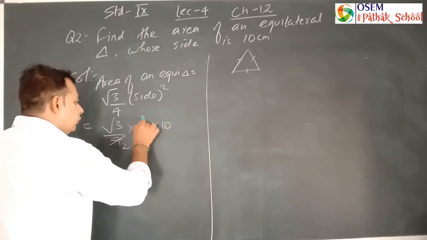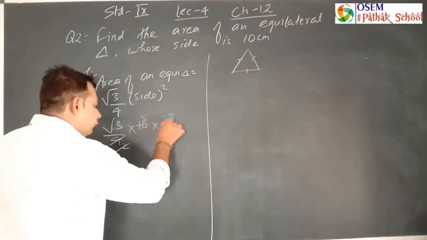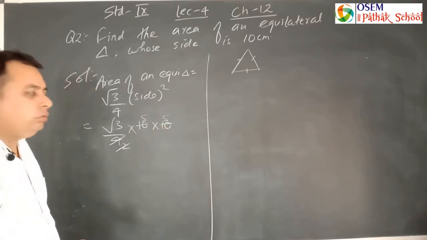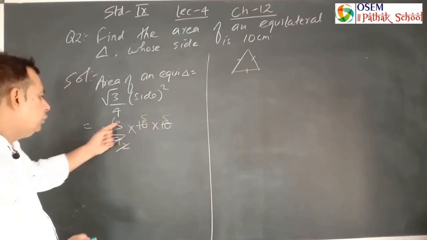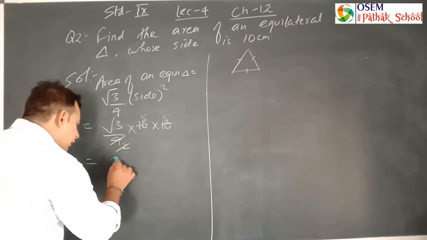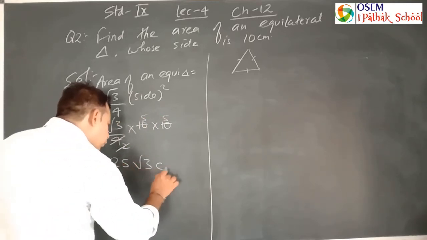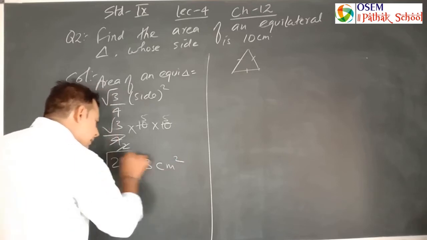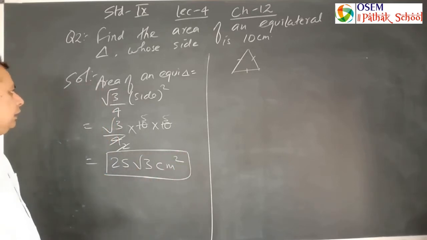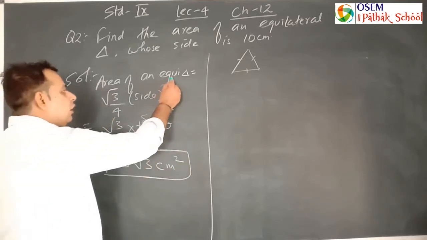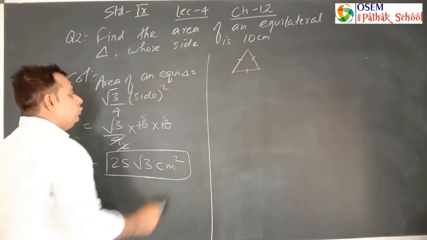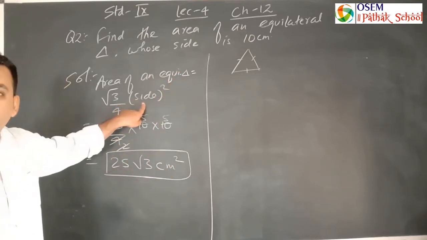It's 2, 5, 5. So I've cancelled out 5 into 5 into root 3. That will be 25 root 3 centimeter square. So this is the solution of getting the area of an equilateral triangle using the equilateral triangle formula.